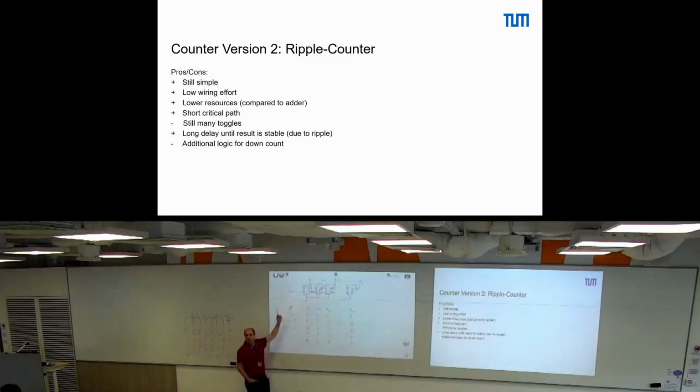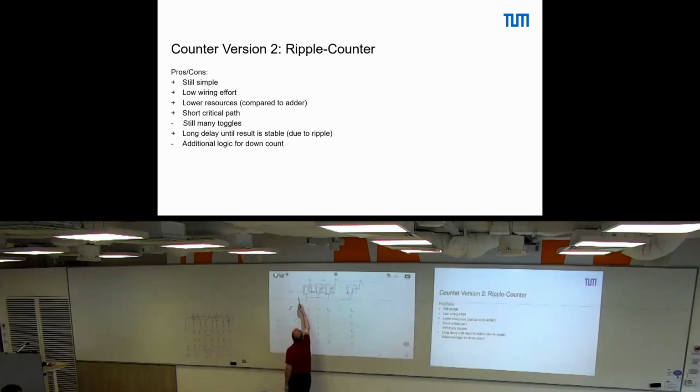What is responsible for this? So the first question to ask is how quickly can we count with this? What determines the frequency of events we can count?